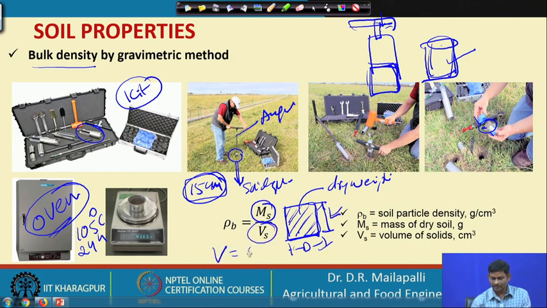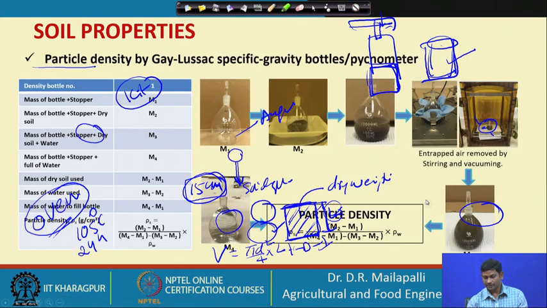The volume V is equal to pi d square by 4 into L. Pi d square by 4 is the area, times the length, which gives the total volume. Then you will get the bulk density. The units are gram per centimeter cube. This way you can find the bulk density in the field.